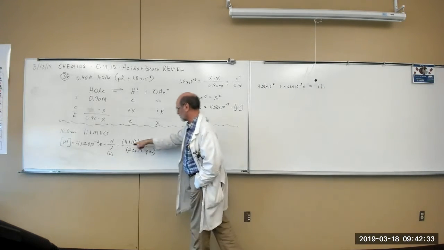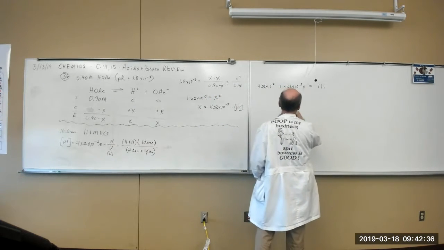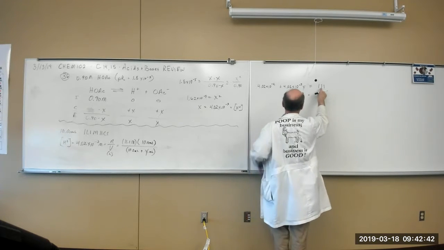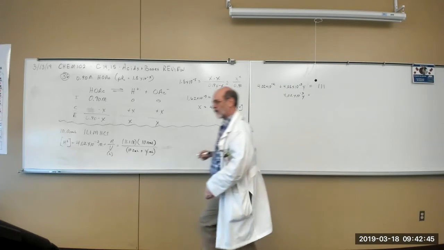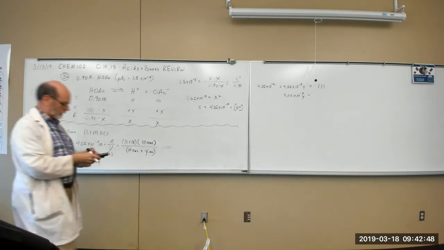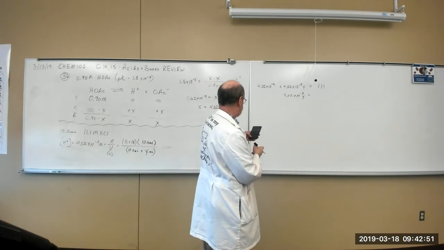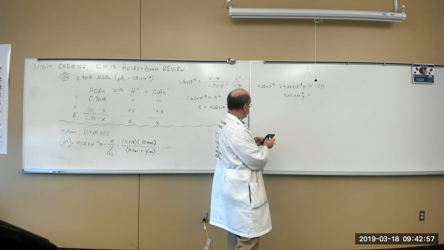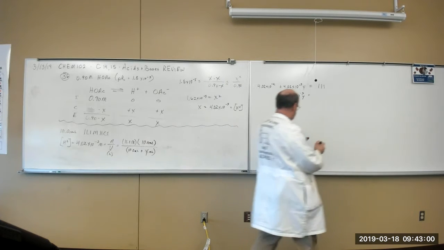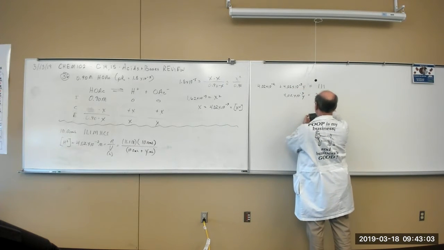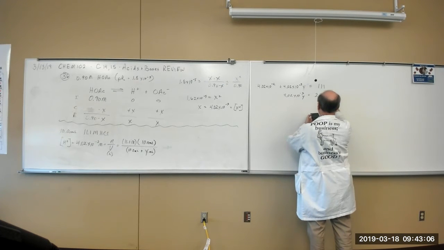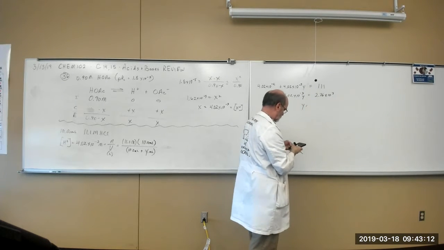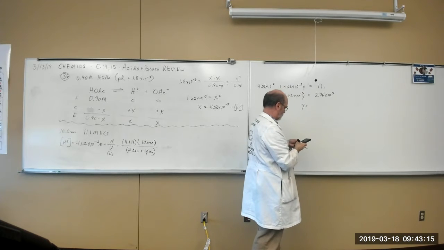Right, 10 times this one. So now we can leave this one over here and divide this one into that one. Let's see. 111 divided by 4.02 gives us 2.76 times 10 to the third. And y equals this one divided by that one.